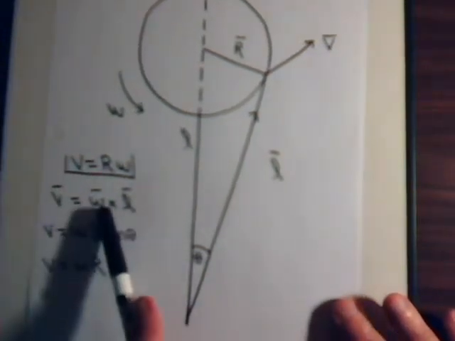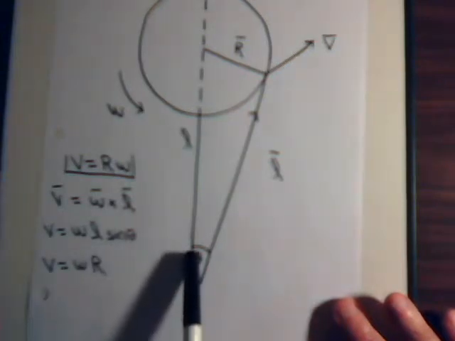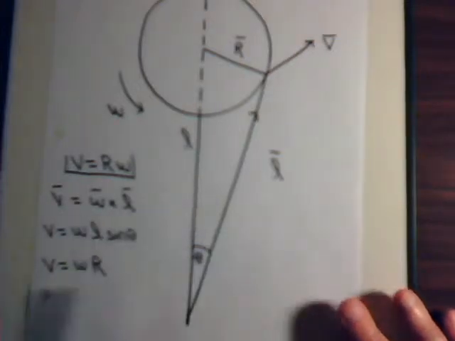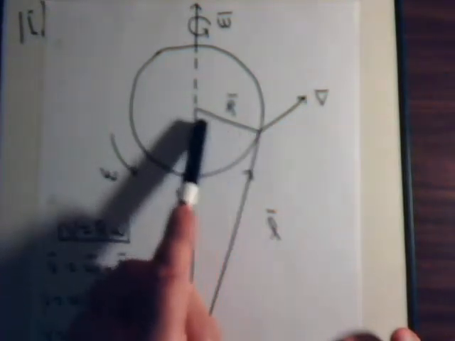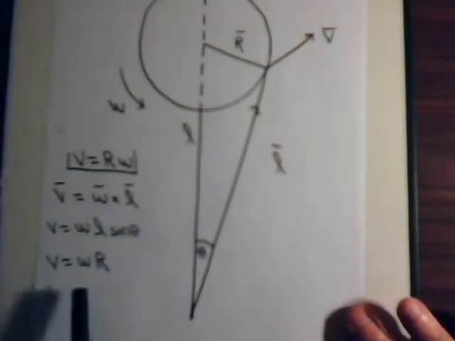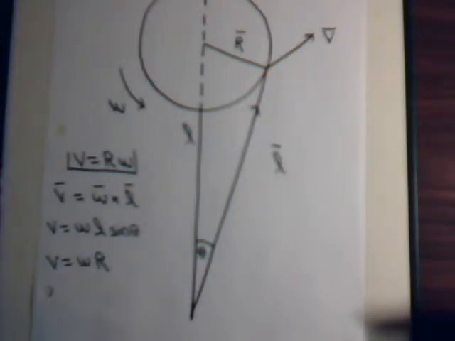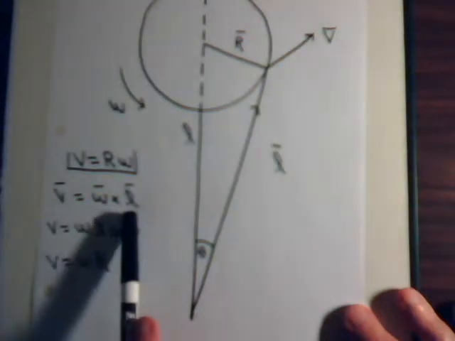Well, that's the magnitude of the angular velocity, omega, times the magnitude of this vector, which is just L, times the sine of the angle between them, theta. But L times the sine of theta is the magnitude of the radius vector for the circle, r. So we get omega r. So what we're showing is that v is equal to the cross product of omega cross L.